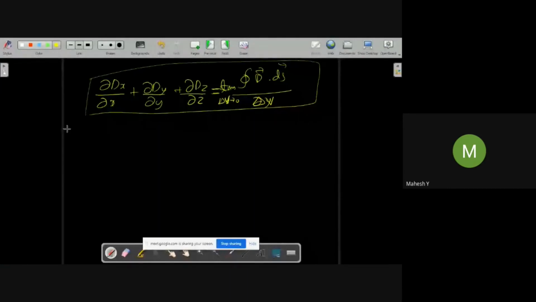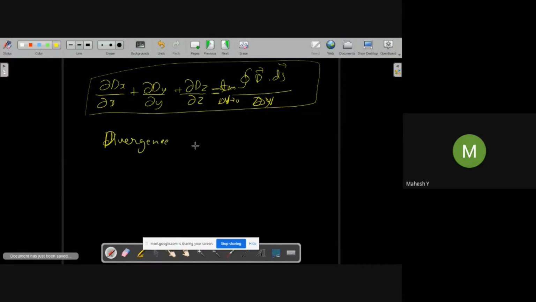So this quantity, that is ∂Dx/∂x plus ∂Dy/∂y plus ∂Dz/∂z, is called divergence. So can you define divergence? Can you write as a statement what is divergence of a vector D? You can generalize for any vector.